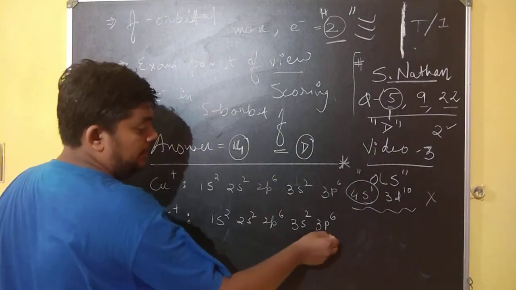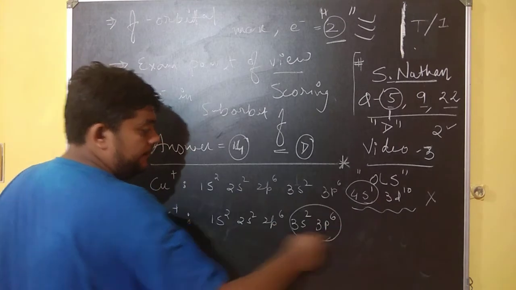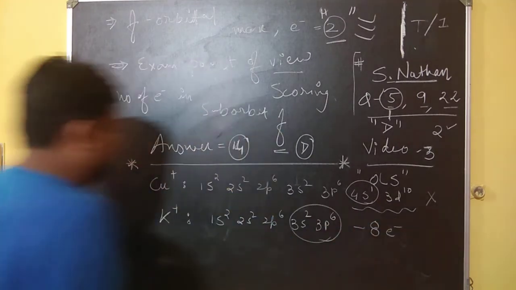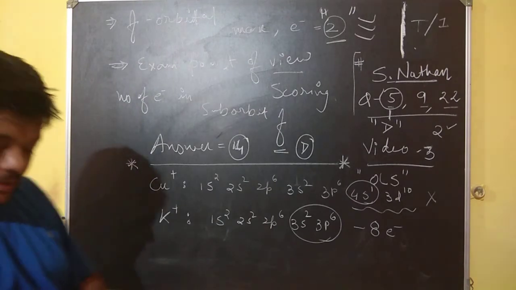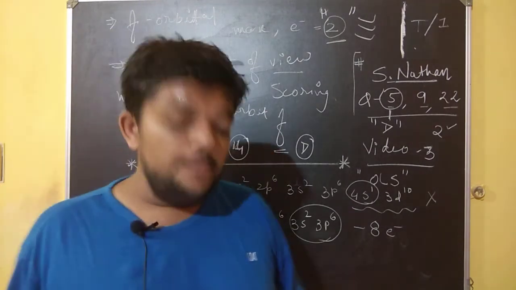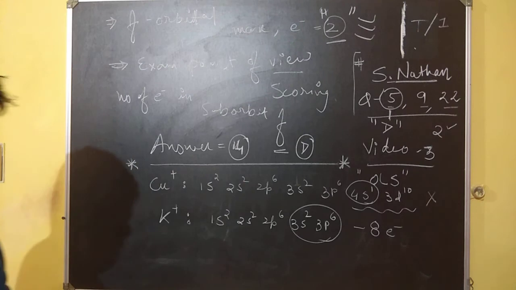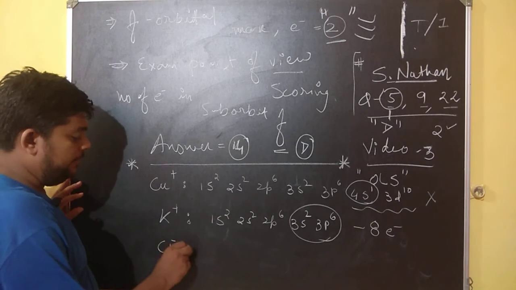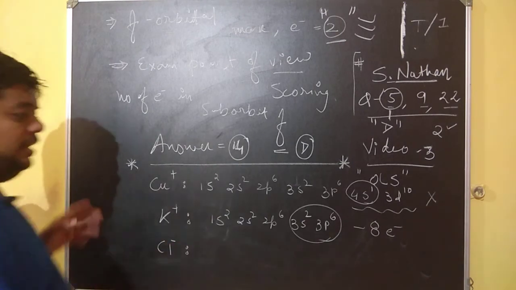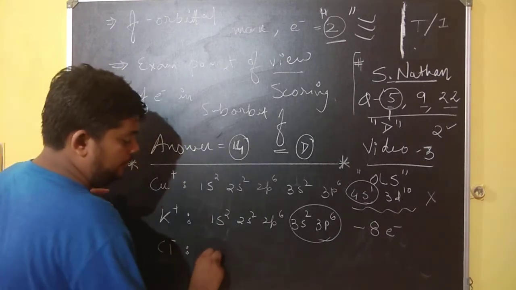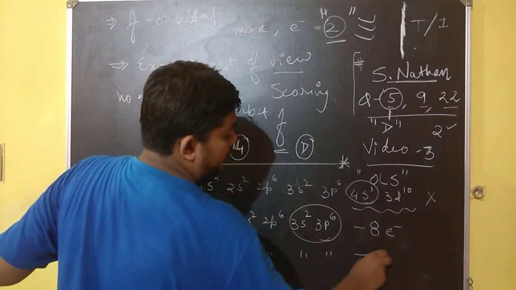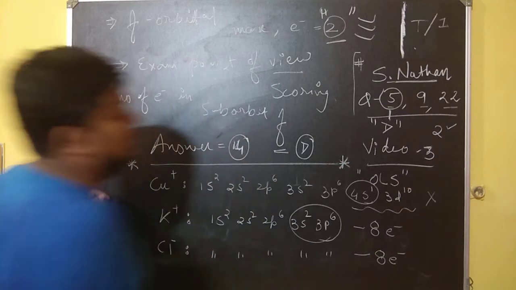If over here I check the outermost orbit, there are only 8 electrons. Coming to the third option, cesium plus, and the fourth one is chlorine minus. Before going into cesium plus, let me imagine for chlorine minus the same electronic configuration that I have for potassium plus, and therefore friends, it is again 8 electrons.